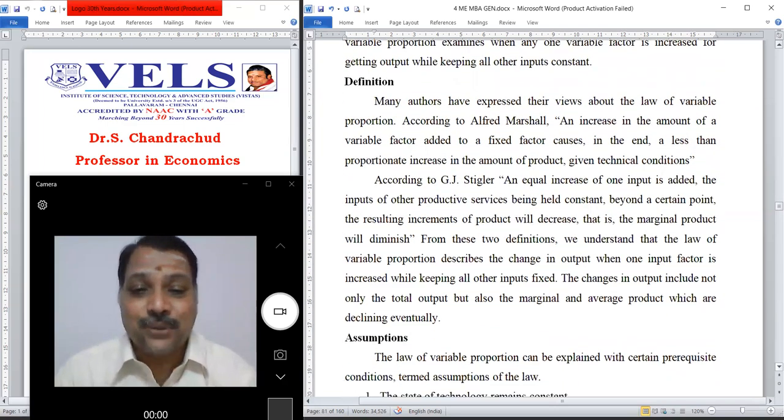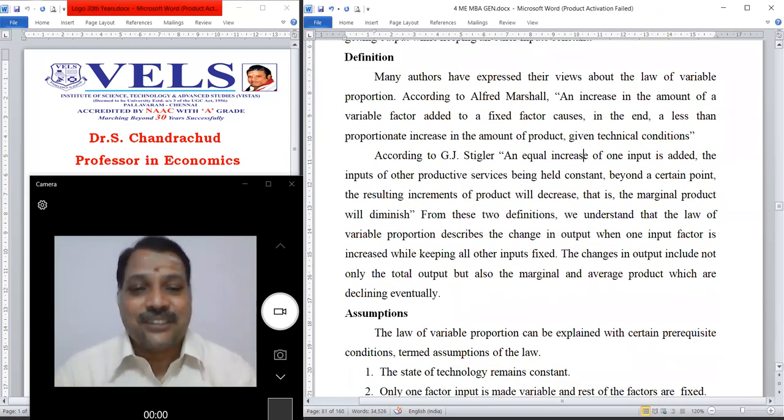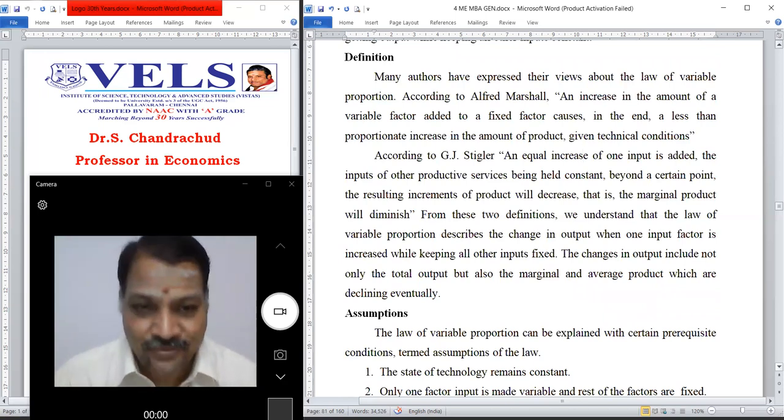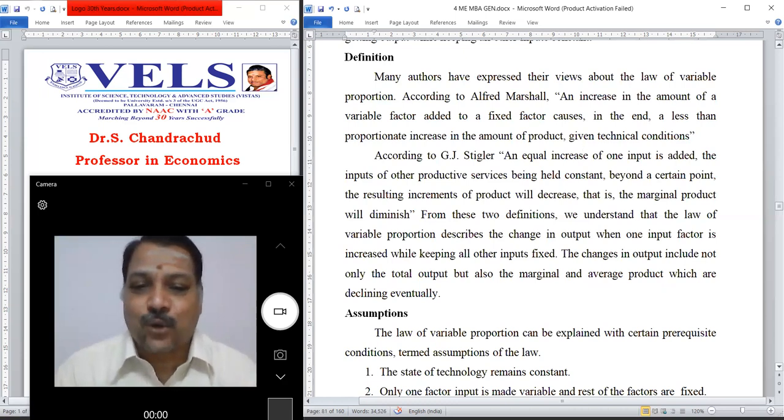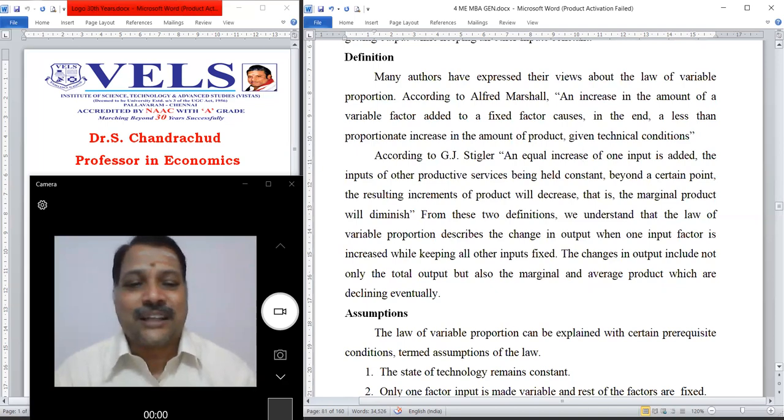From these two definitions, we understand that the law of variable proportion describes the change in the output when one input factor is increased while keeping other inputs fixed. The changes in output include not only the total output but also the marginal and average product, which are declining eventually.